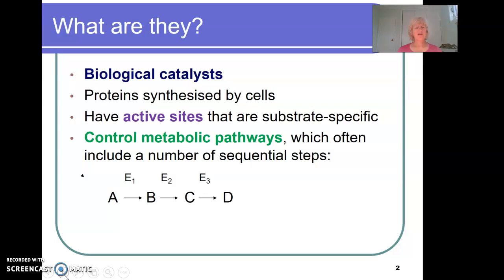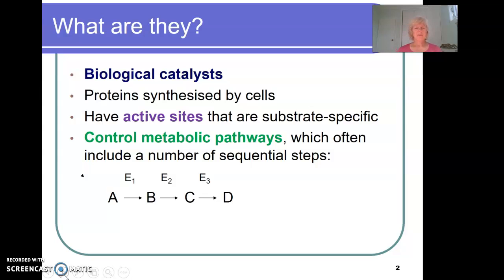The active site is the area of the enzyme where it binds with the substrates, and the active site has a certain shape, and the shape is substrate specific, which means it can only bind with one specific substrate. As a result, you have quite a lot of enzymes, I think about 2,000 different ones, that are responsible for catalyzing all the different chemical reactions that happen in your body.